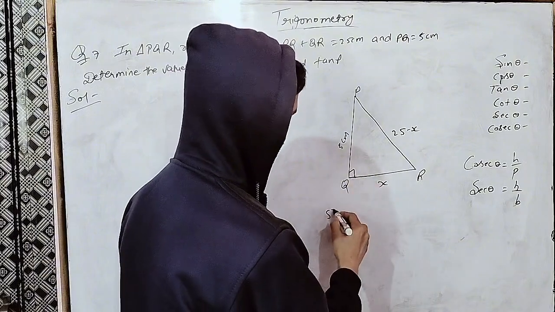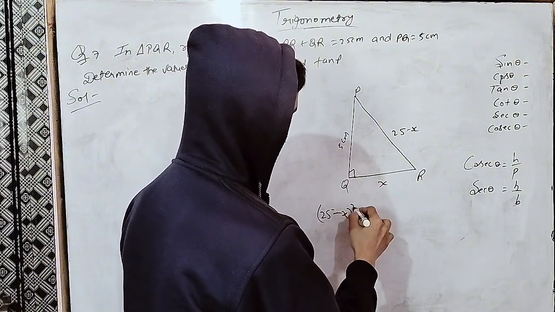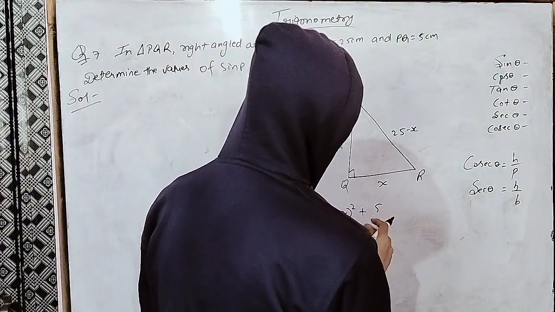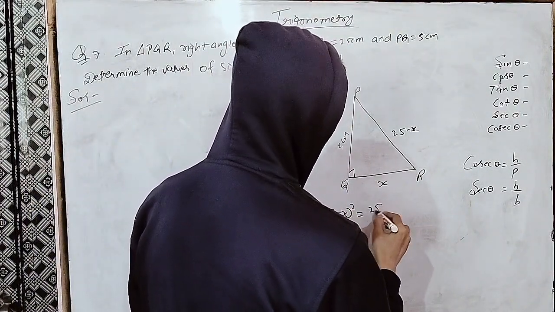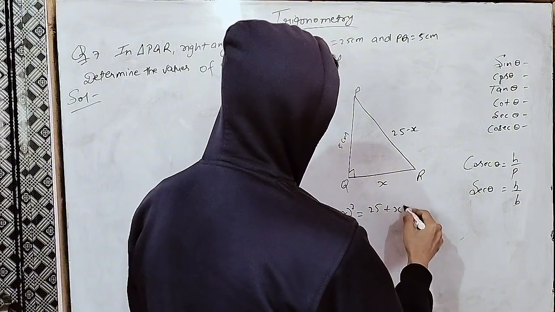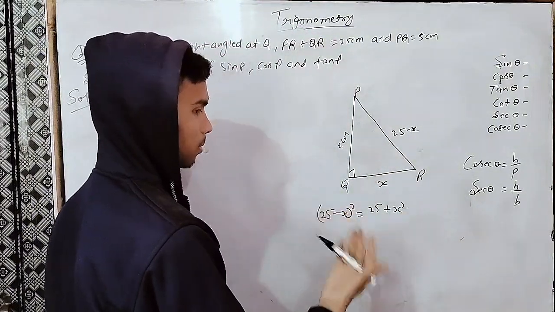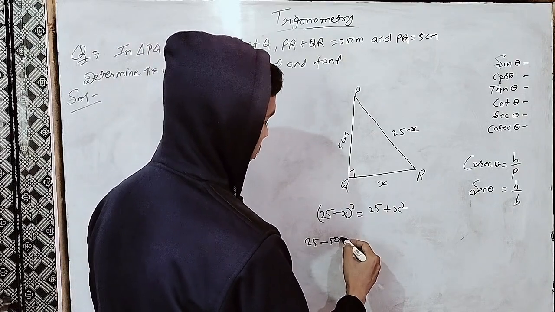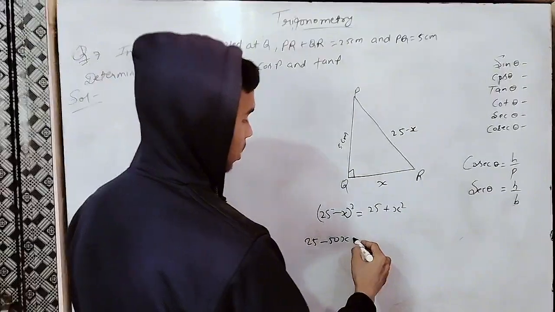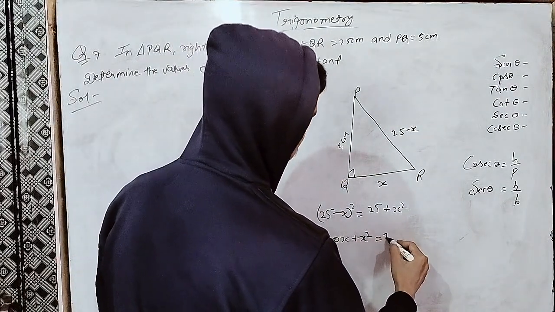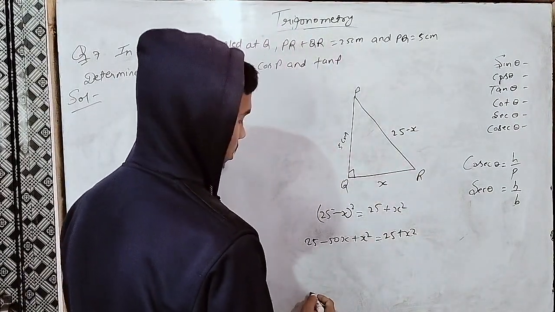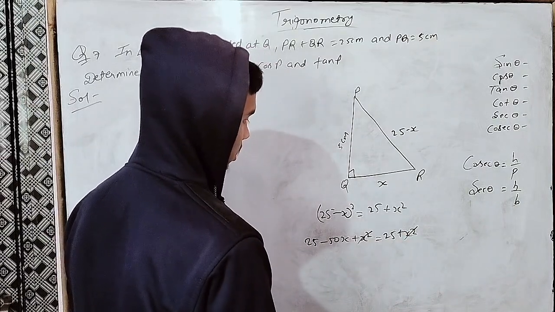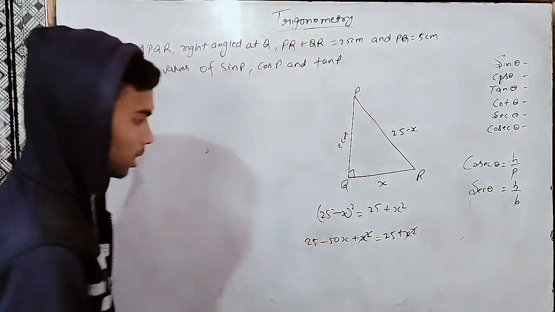Using (a minus b) squared, 25 minus x, then x squared plus 25 squared. Am I right?